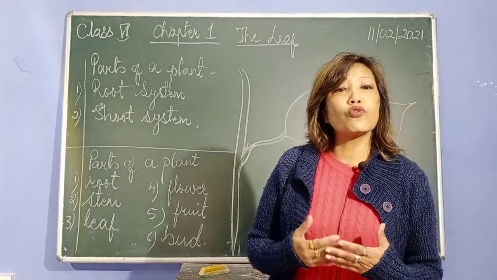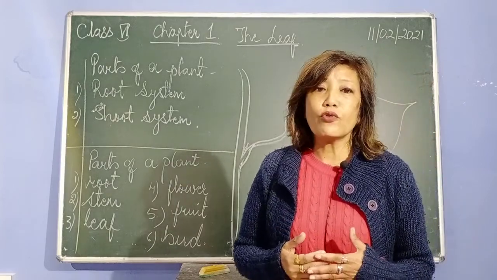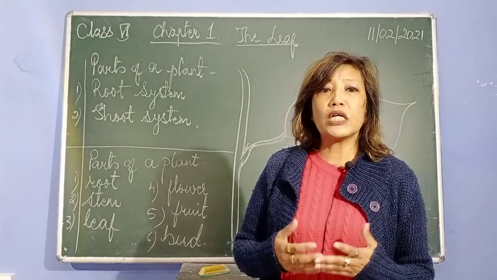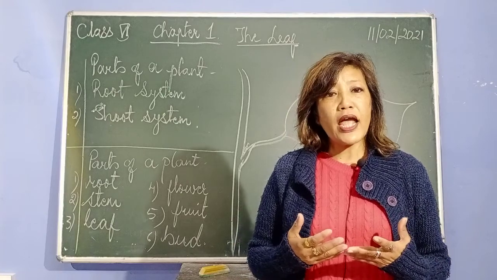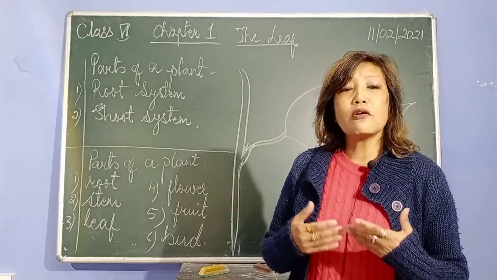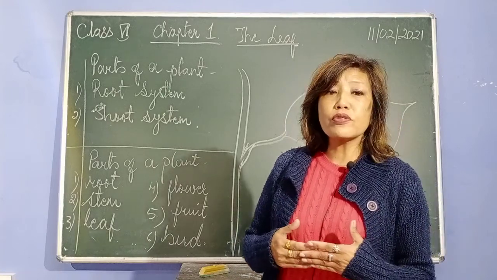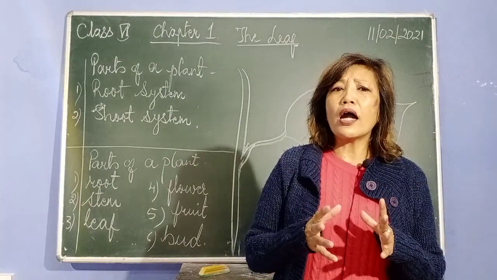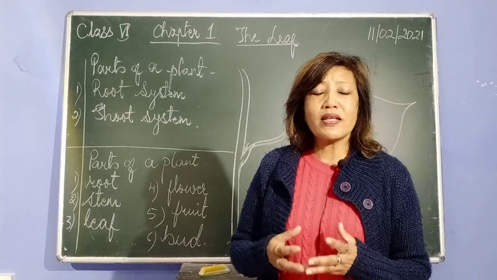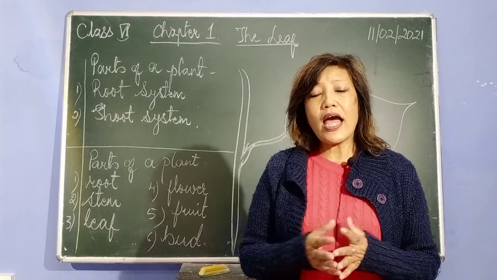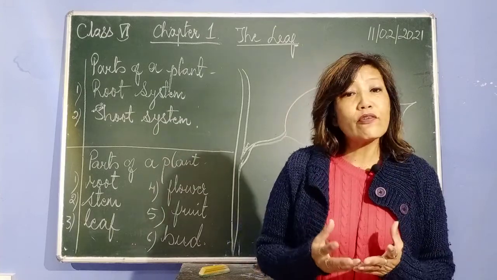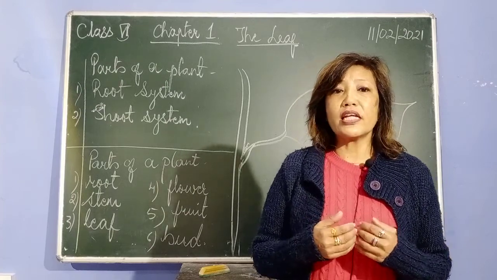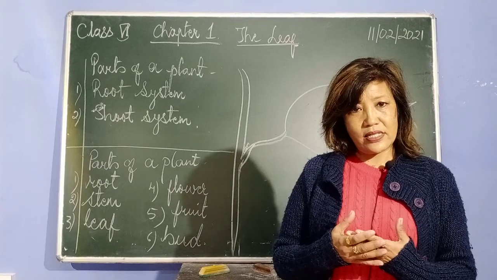And these useful plants provide us with food grain, fruits, vegetables, sugar, tea, coffee, and some of the plants give us medicines, perfumes, isn't it? So if you look at these plants, they all vary in their shape and sizes, isn't it? And if you see the leaves of these different types of plants, they also vary in shape and size.